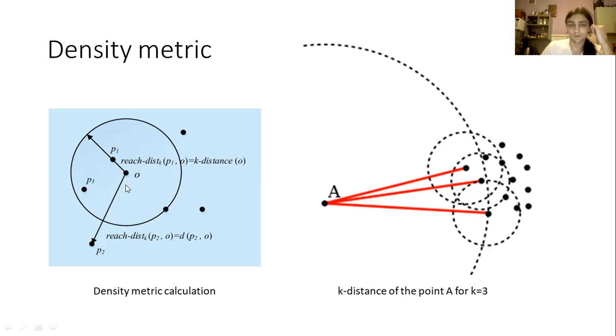In this example, the reach distance for point P1 is equal to the k-distance of point O. But P2 lies outside the k-distance of point O, and the reach distance of P2 is equal to the distance between these two points.